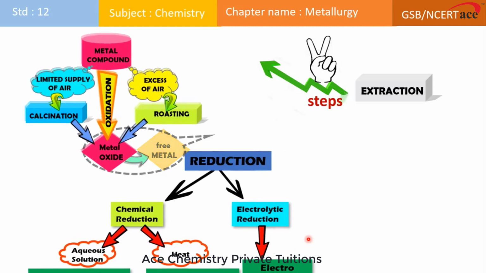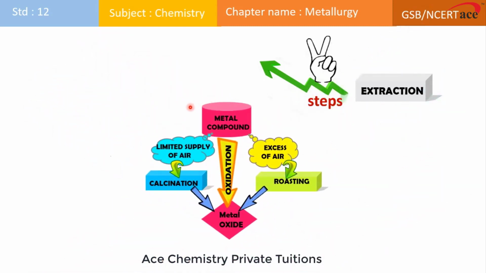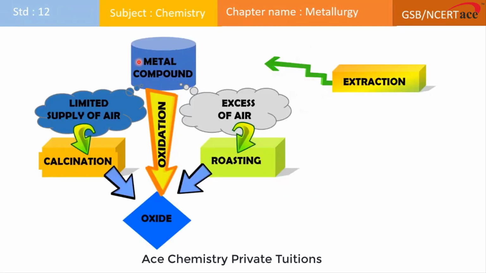In this, student, the major first step is that we oxidize the metal compound to metal oxide by a process of calcination and roasting. The metal compound present in the concentrated ore contains volatile impurities. These volatile impurities cannot be removed by the normal concentration method, so we need to heat these metal compounds.